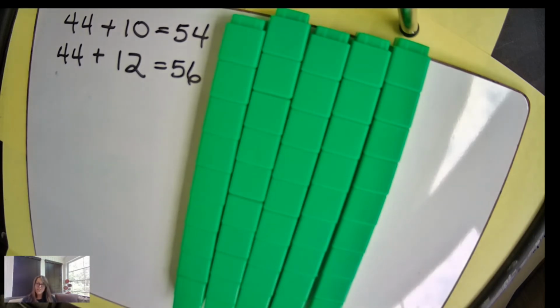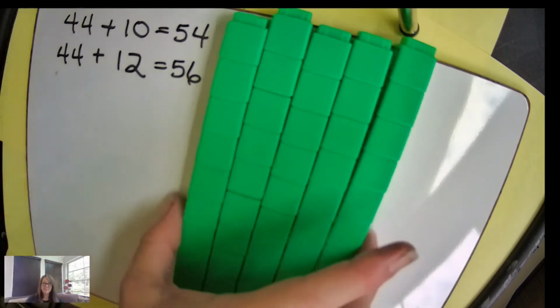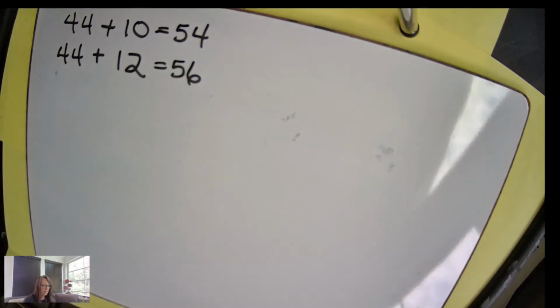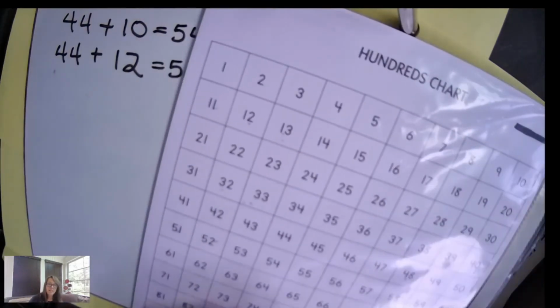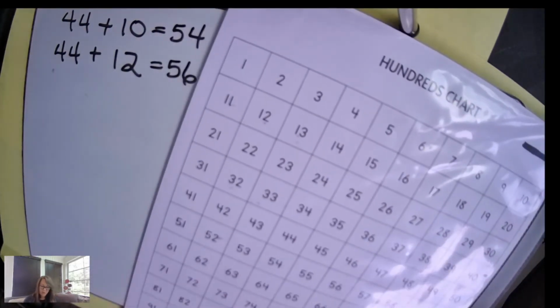Okay. Carlos, you had the answer 56 as well? Okay, tell us how you thought about it. Carlos says that he likes using the hundreds chart. So, tell us what you did, Carlos.